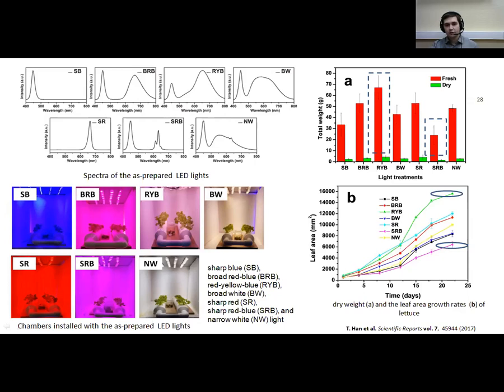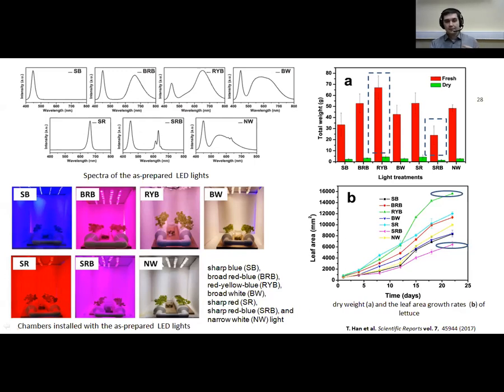You can see that red, yellow, and blue light is distinctly similar to the ideal spectrum, which may be the light with good color rendering for the growth of plants. You can see on the slide that lettuce plants under the as-prepared light treatments grow more effectively.